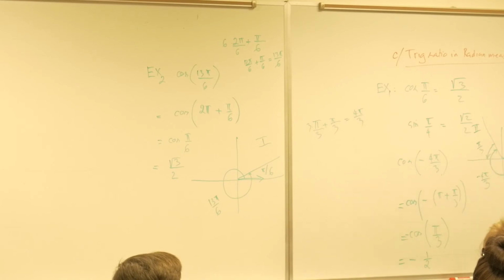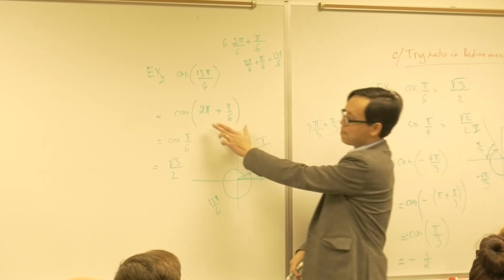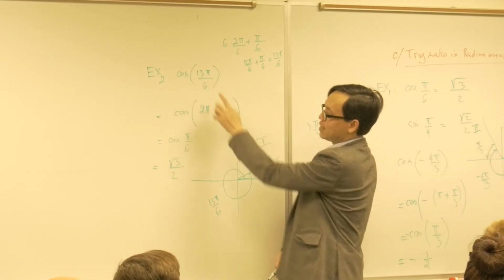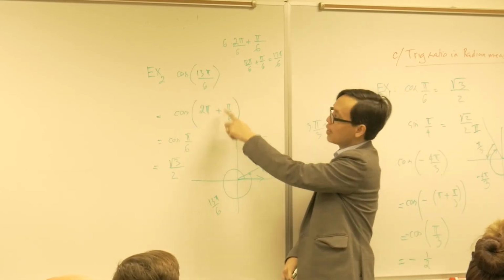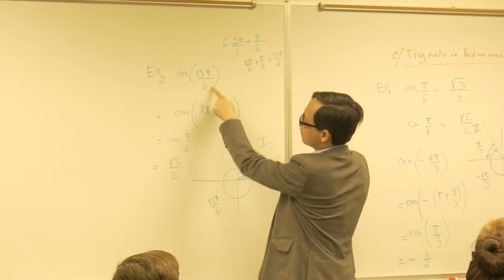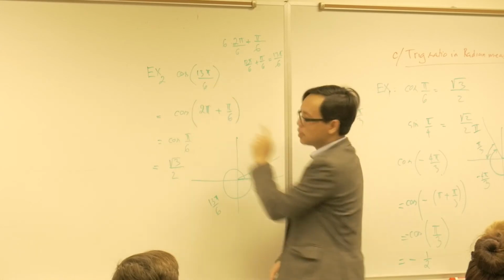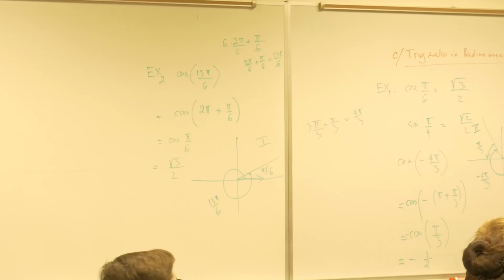Everybody clear? The hard step is this one. You must be able to recognize this. If you cannot convert the fraction to involve the special angle, then we cannot evaluate the cosine function.